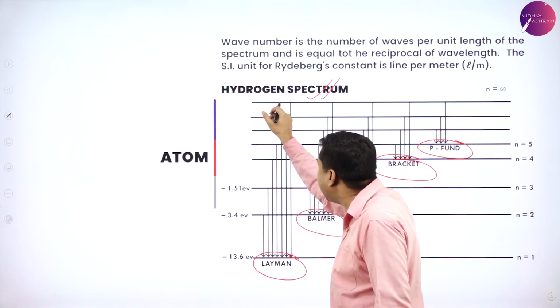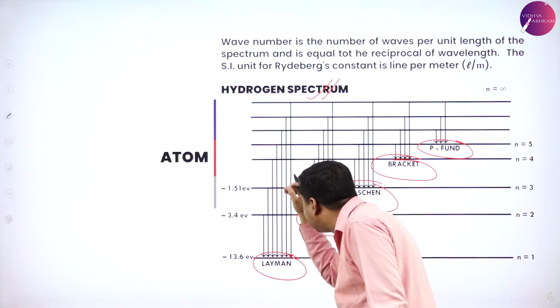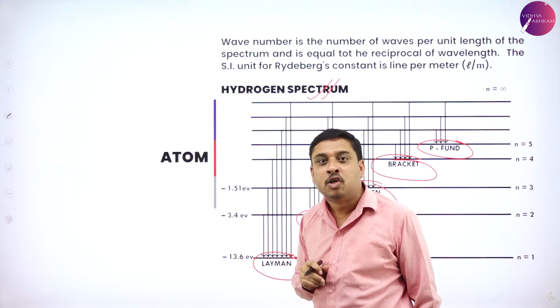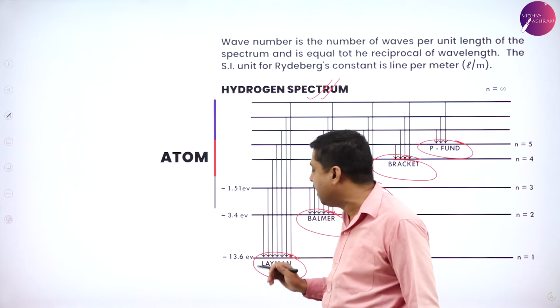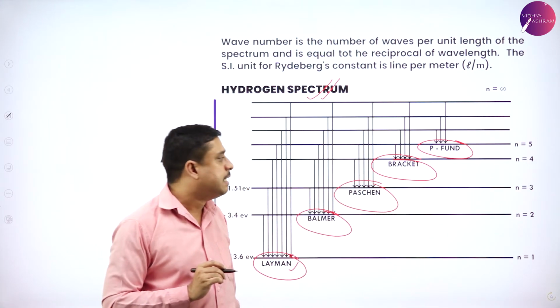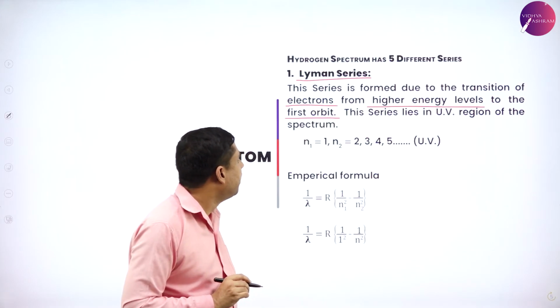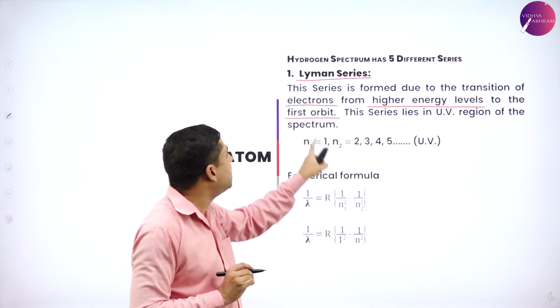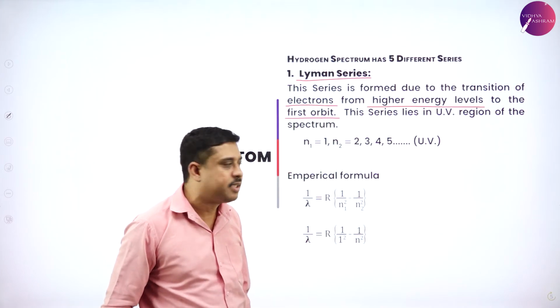Transition of electrons from higher energy levels takes place to the first orbit, which is actually constituting the Lyman series. So, from all higher energy levels to the first orbit.